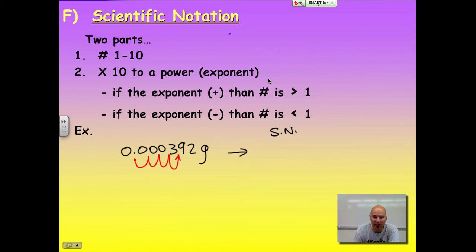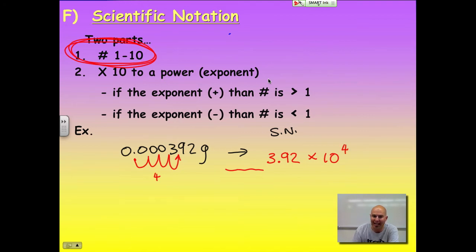I would stop here at the 4 place because that's where my first number would be between 1 and 10. So I would write that as 3.92. Notice I don't write any zeros in the front. We don't need those anymore. It's just 3.92. And we're going to go times 10. Well, I've moved it 4 places.